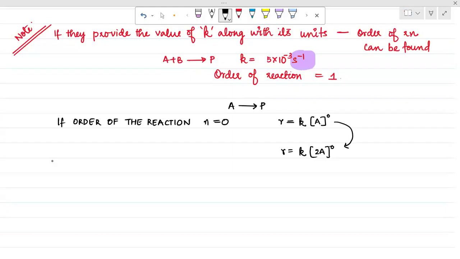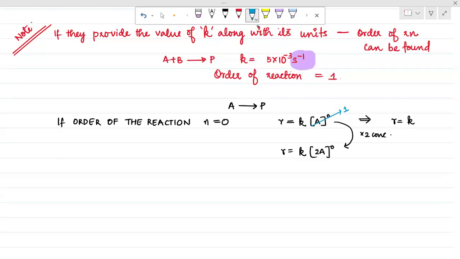But when I am multiplying the concentration 2 times, is there any difference that is going to appear in the rate of the equation? So upon simplification, this is just R is equal to K. Because any number raised to 0 is 1.